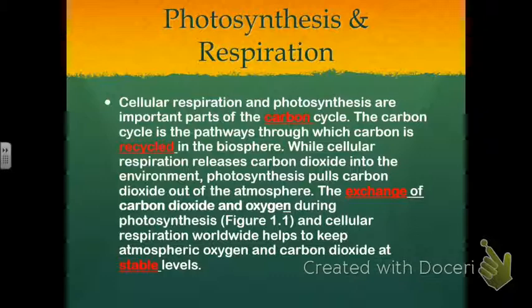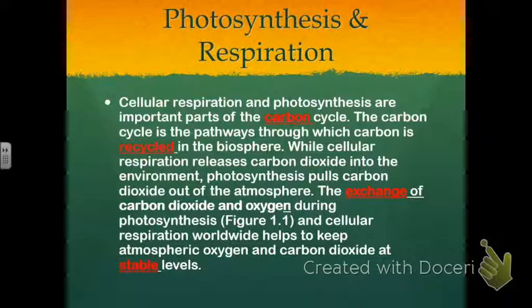Now, cellular respiration and photosynthesis are part of the carbon cycle. The carbon cycle is the pathway in which carbon is recycled throughout the biosphere. So that's the atmosphere and all the ecosystems on the earth. When cellular respiration releases carbon dioxide as a product, when we are exhaling it, plants doing photosynthesis are taking it in and out of the atmosphere.